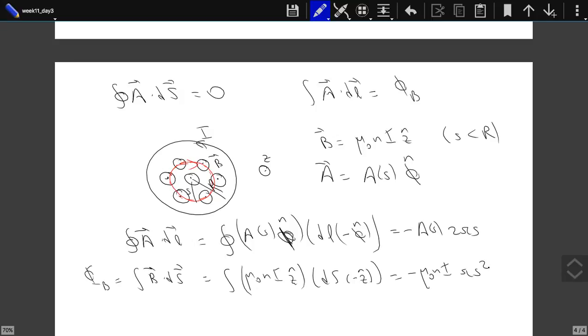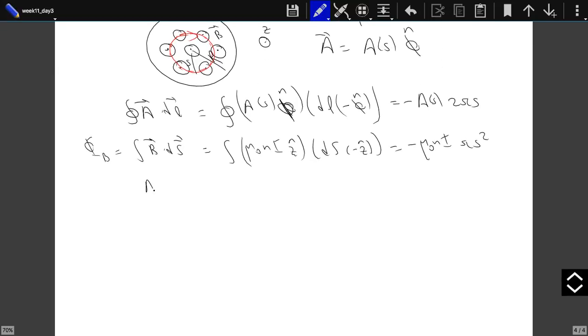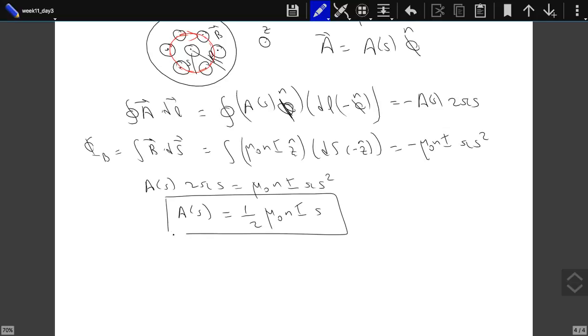And since A dot dl should be equal to the magnetic flux, A(s) times 2 pi s should be equal to mu0 n I times pi s squared. Or A(s) should be equal to one half mu0 n times I times s. Well, this was the result that we had obtained previously.